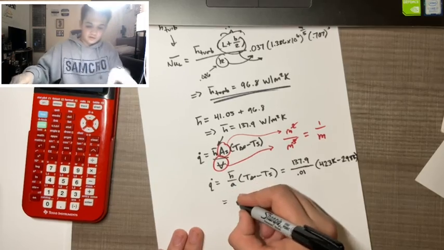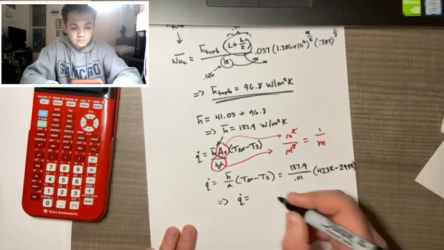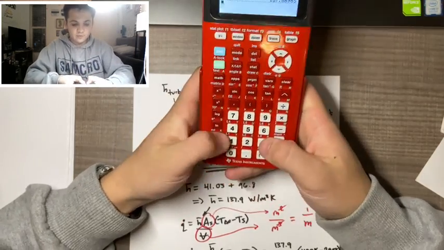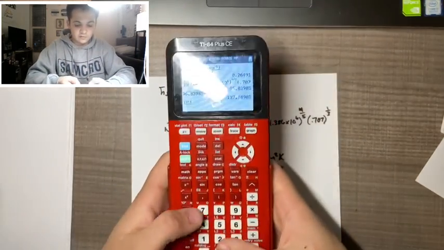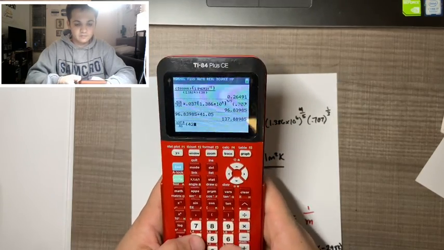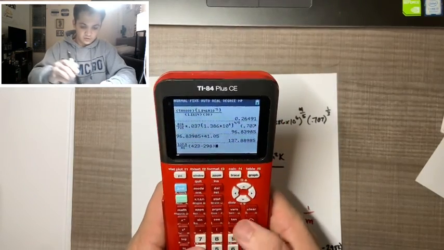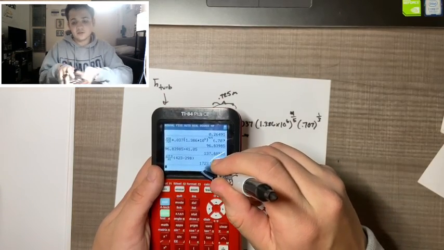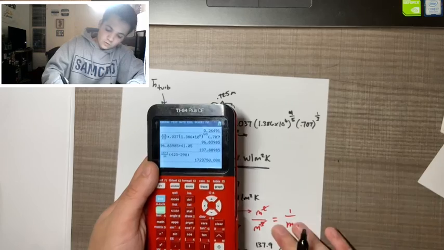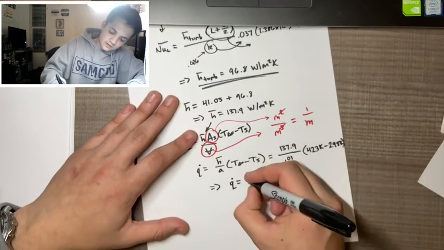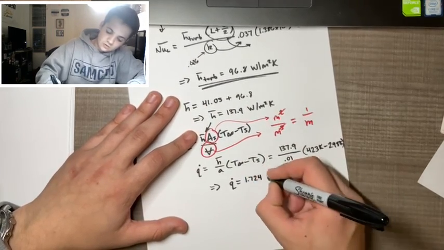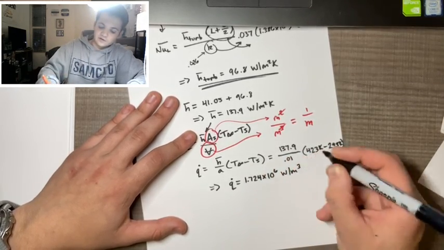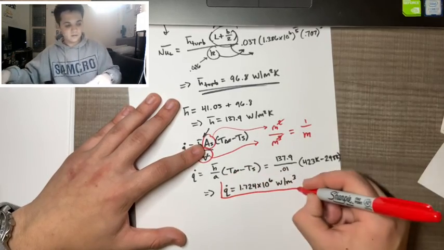Anyway, this leaves us with our final answer for Q dot, which is 137.9 divided by 0.01 times 423 minus 298. Just a large number. So 1.724 times 10 to the 6th watts per meter cubed. And that is our final answer.